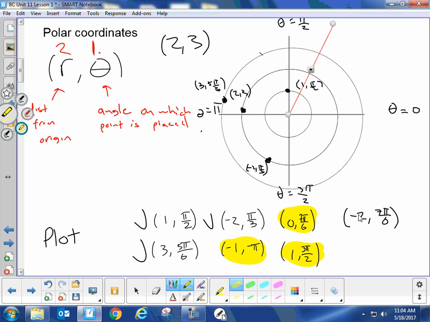That's a -1, pi. Yes, correct. Where's that go? Doing it in your head, Miss Noakes? Yes. Okay. I'm going to call on you then.